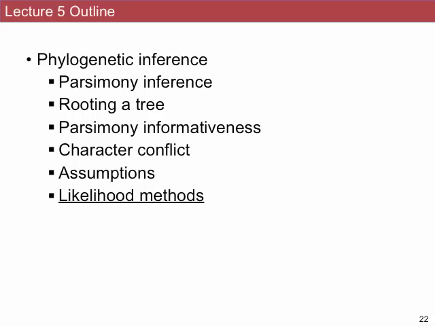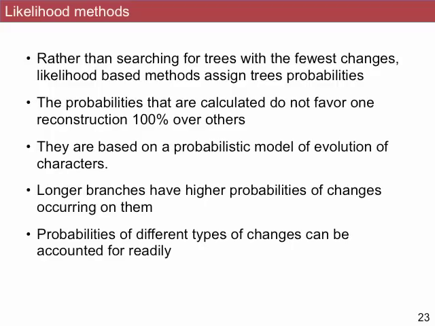If an organism has a very high mutation rate like HIV, changes in its branch are to be expected. They are not to be penalized against, whereas changes in the human lineage are less likely, and therefore maybe we should penalize them. So phylogenetic reconstruction methods also try and account for this difference in the rates of evolution in different lineages.